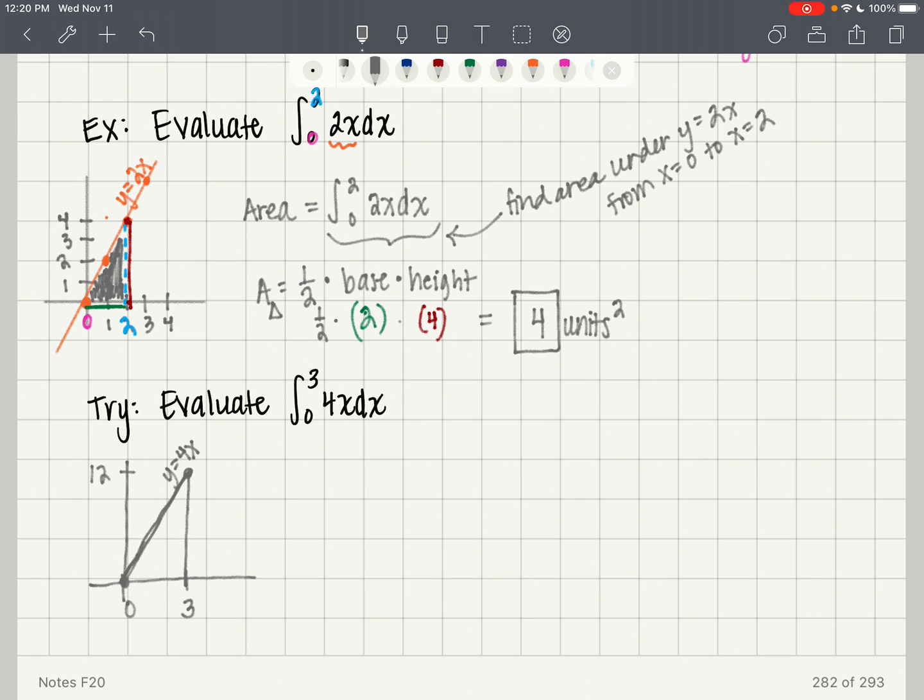You can do that by putting a 0 in for x, getting a 0 out, putting a 3 in for x, getting a 12 out. You know that your base is 3, your height is 12. So the area is going to equal 1/2 the base times the height, half of 3. You could do it that way, or you could say half of 12, or half of 36. I say half of 12 is 6. 6 times 3 is 18, and we get a value of 18 for our answer.